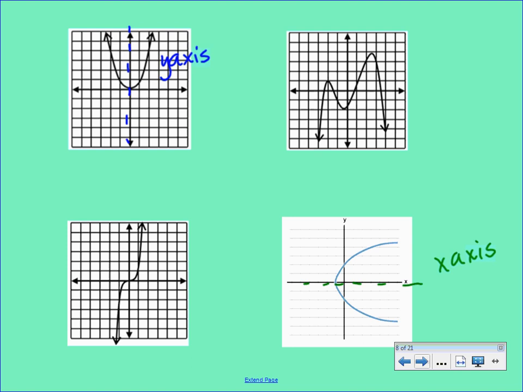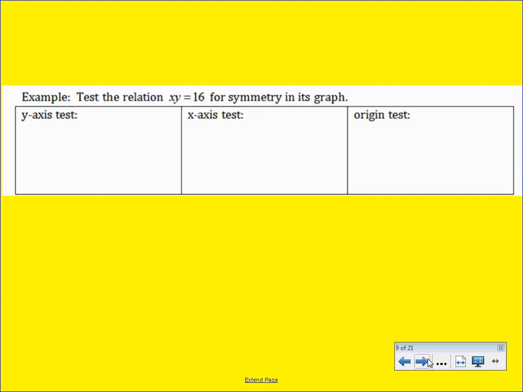Do any of those have origin symmetry? Bottom left. So what about the top right? No, it's not. Cool. If you wanted to add those pictures to your pictures, you can. I feel like they're kind of the same as what we already drew. Cool? All right.